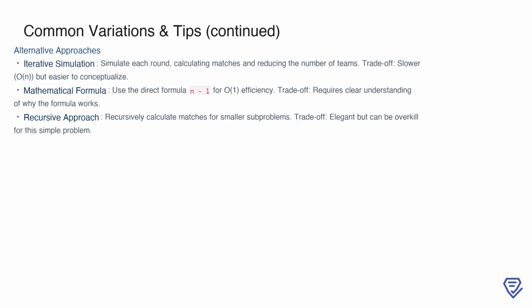However, this method requires a strong understanding of why the formula works, as you may need to explain it during an interview. Another approach is to solve the problem recursively, breaking it into smaller subproblems. While this method can be elegant and aligns well with divide-and-conquer strategies, it might be overkill for a problem as straightforward as this one. Each of these approaches has its trade-offs, so it's important to understand which is appropriate depending on the context or the interviewer's preferences.